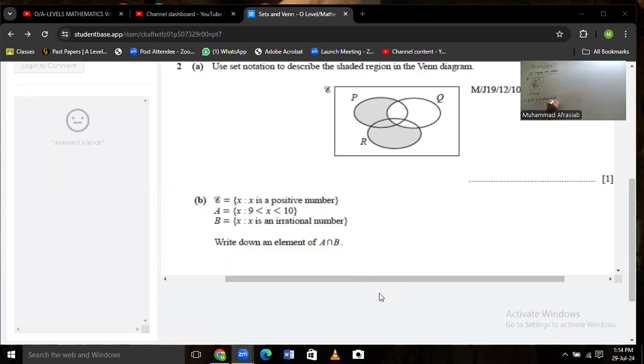This is an integer, not some number. A is such that X belongs to greater than 9 and less than 10. They are all numbers between 9 and 10. And B set is X such that X is an irrational number.